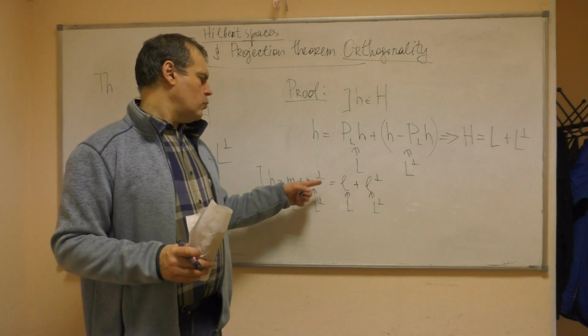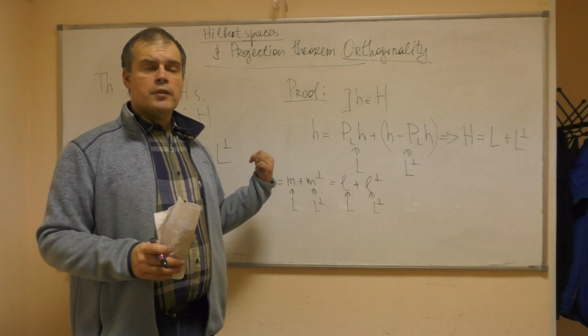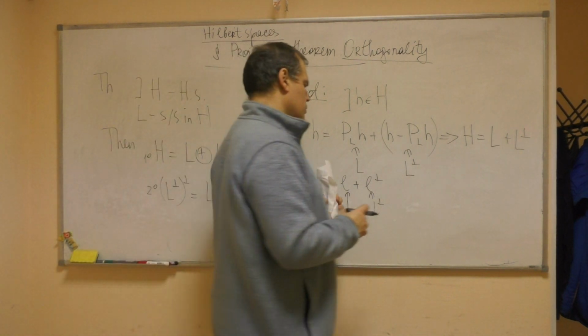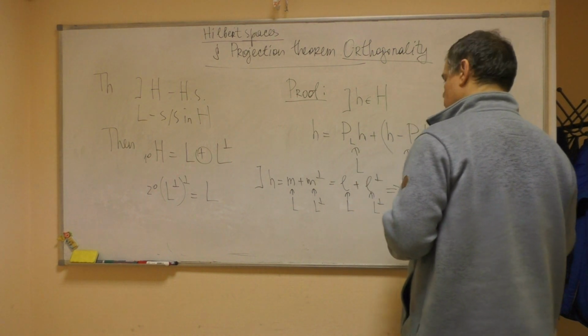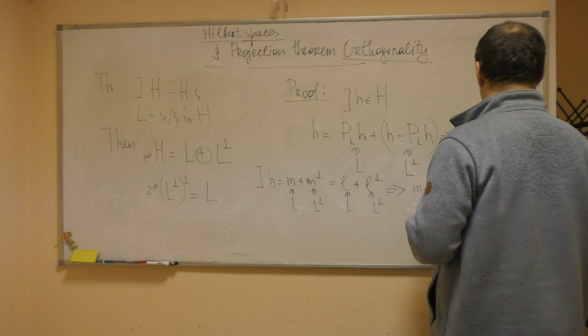Let's move all elements from L into the left hand side and all elements from the orthogonal complement into the right hand side. So we have M minus L is equal to L orthogonal minus M orthogonal.